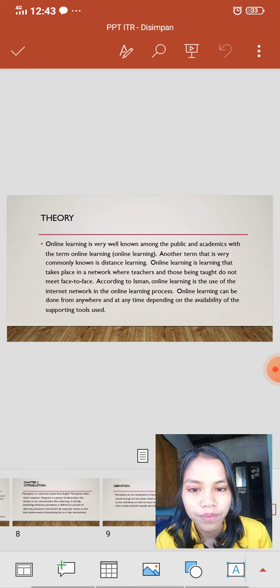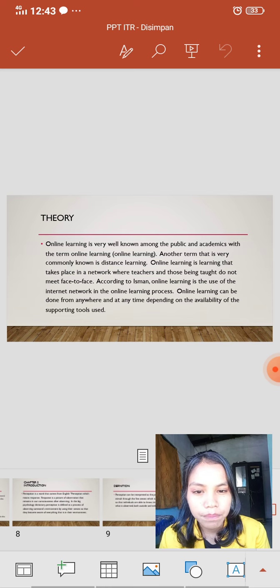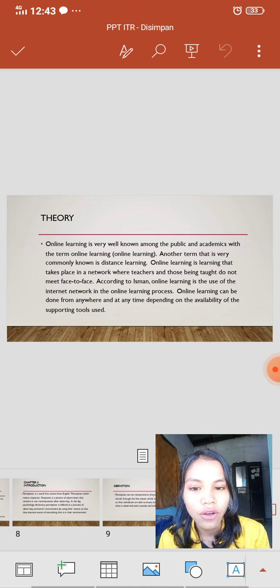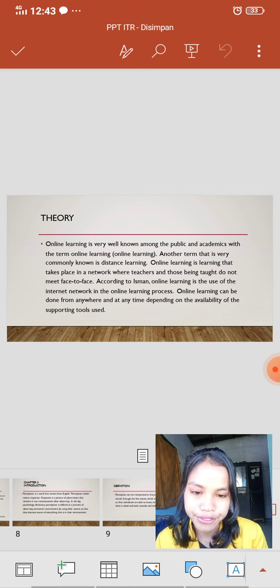According to Eastman, online learning is the use of the internet network in the learning process. Online learning can be done from anywhere and at any time, depending on the availability of the supporting tools used.